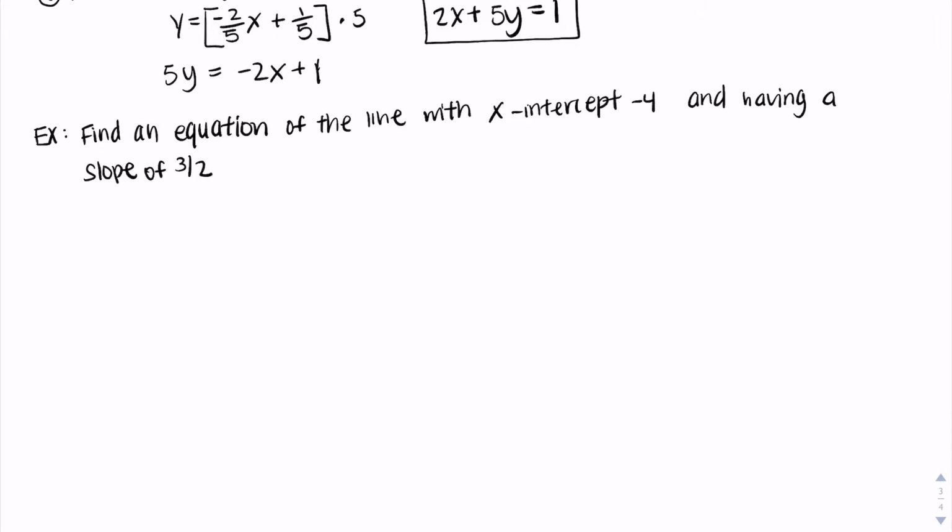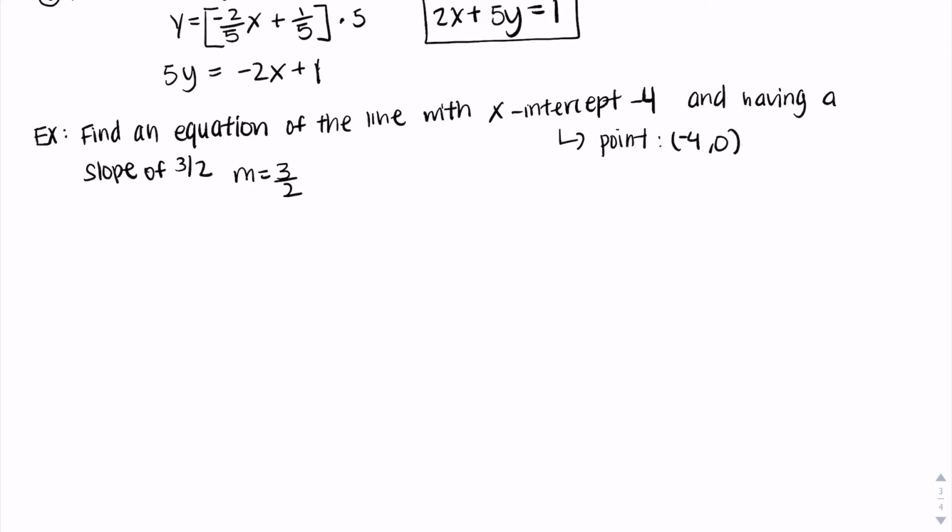So when you see the word slope, you can immediately think of m equals 3 over 2. And if the x-intercept is negative 4, then you know that you have a point of negative 4 and 0.